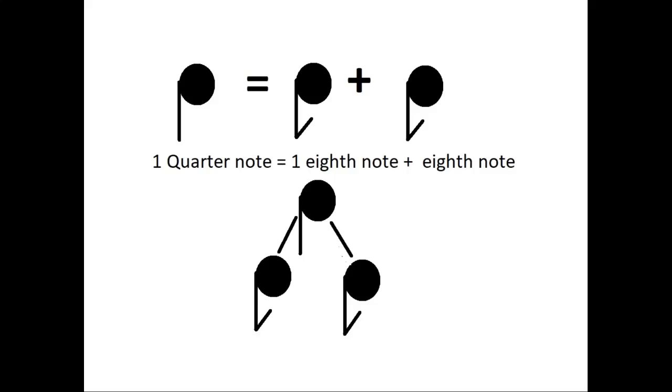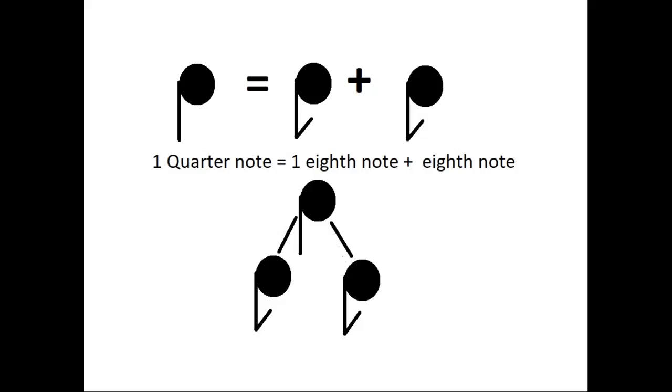Now let's look at this quarter note a little bit more. If we look at the quarter note, we see that it's equal to 1 eighth note plus 1 eighth note. So 2 eighth notes is equal to 1 quarter note. Now, just the name of the note, eighth note, means there's 8 of these notes in a whole note.